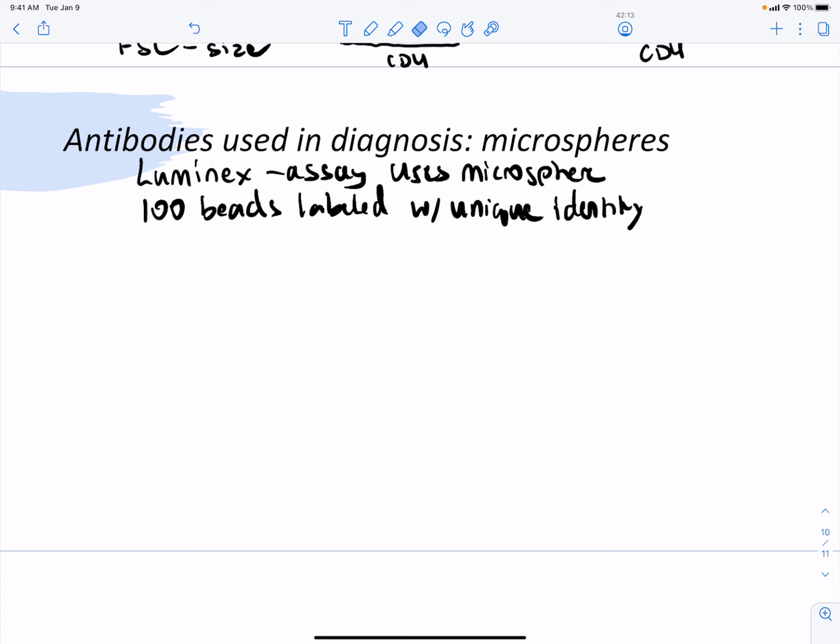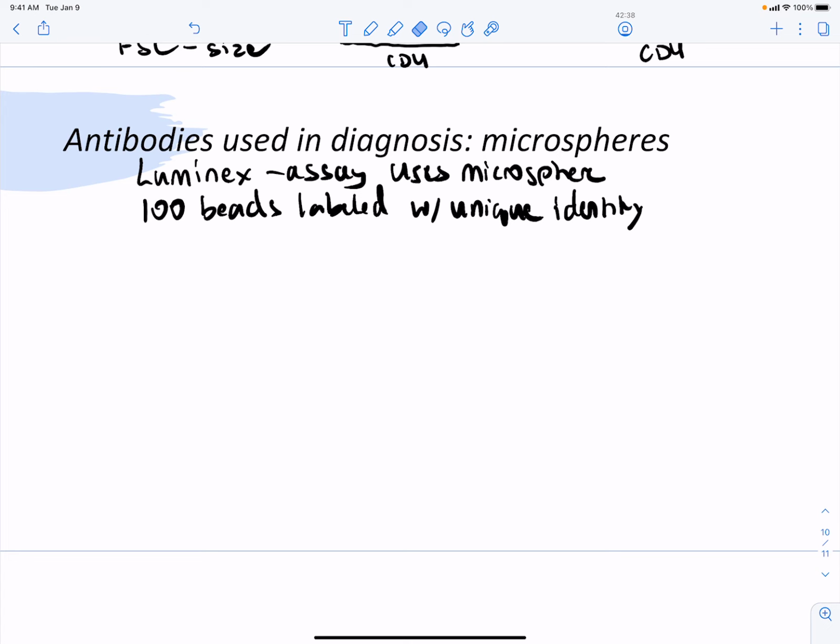The microspheres are going to be in a solution, and multiple beads are going to be in a single container, and each bead is going to have a different reactant. So you can combine up to 100 different compounds with a set of 100 beads. Keep in mind that the flow cytometry we just talked about, we're only up to about 23 different colors.